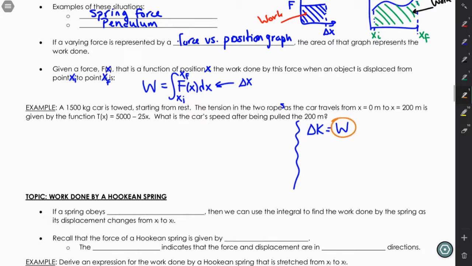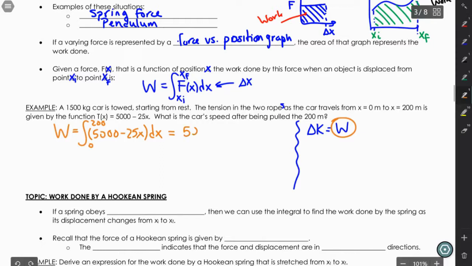And so the work done will be the integral from 0 to 200 of our f of x, which is 5,000 minus 25x dx. If we take the integral here, remember, if it's a constant, it becomes a line. And if it's a line, it becomes a quadratic, so it becomes 1/2 x squared. We're going to evaluate this from 0 to 200.